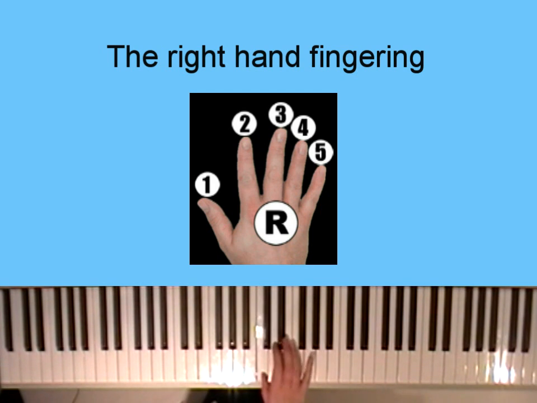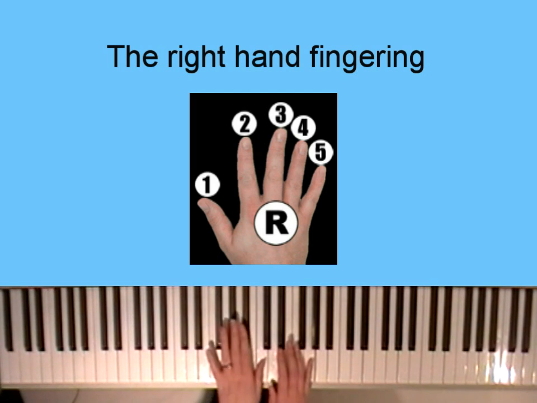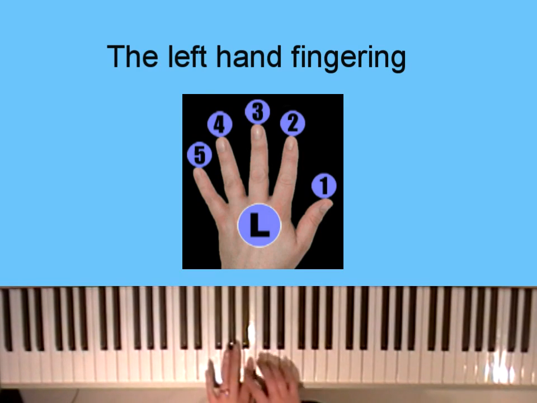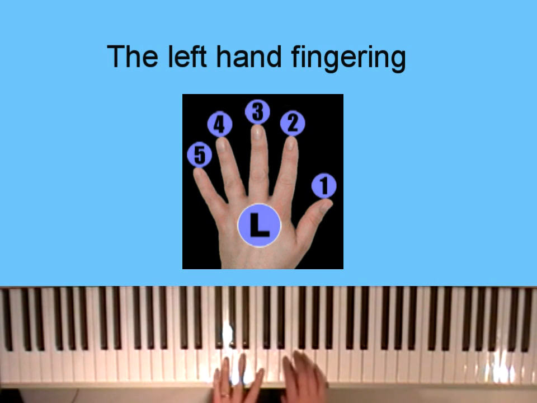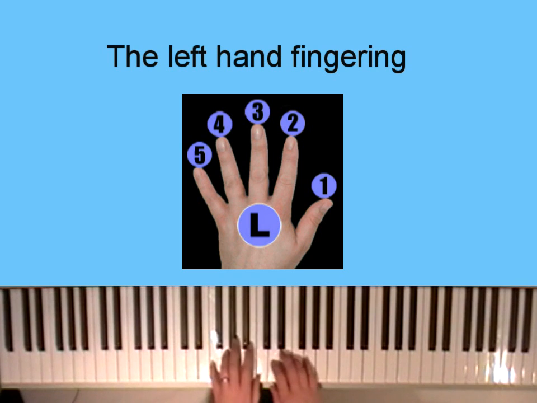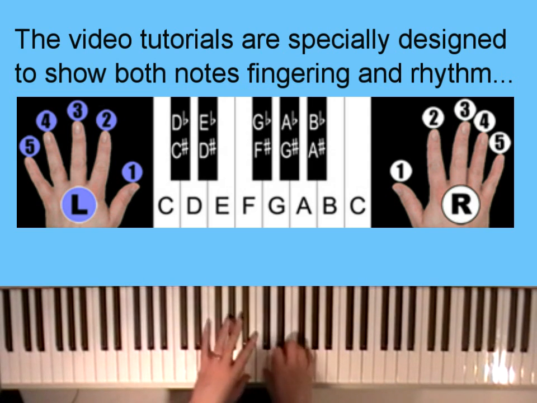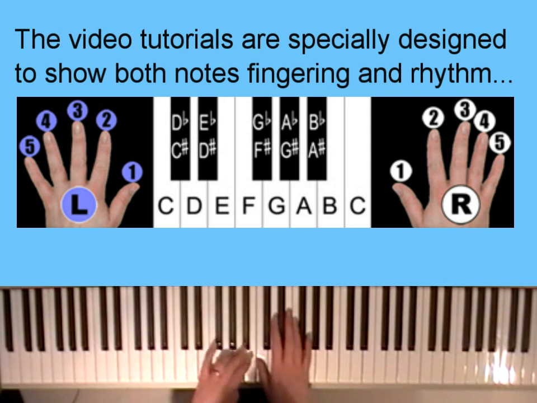Left hand, again, 1 is your thumb, 2 is your index, 3 is your third, 4 is your fourth finger, and 5 is your pinky. So when you see those numbers on our videos, try and use the advisable fingering guide if you can.